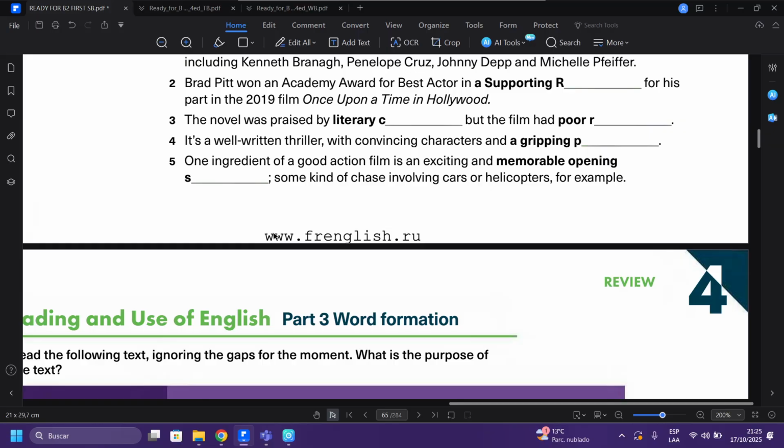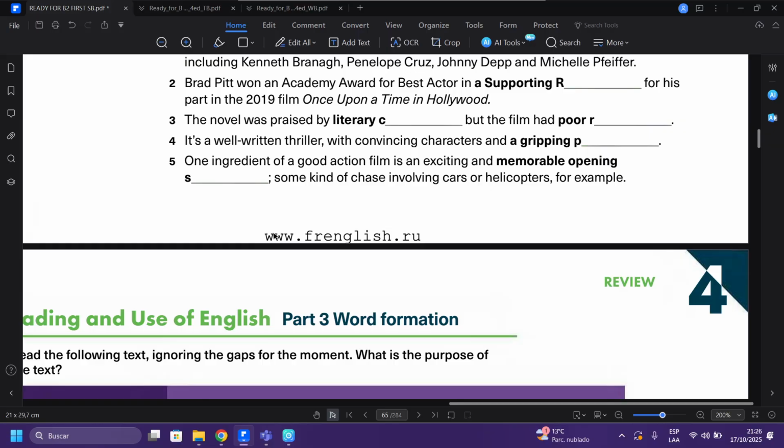And how can we call what the movie is about? This is a gripping plot. Plot is what the movie is about. In a gripping plot, una trama apasionante, in Spanish we can say this.